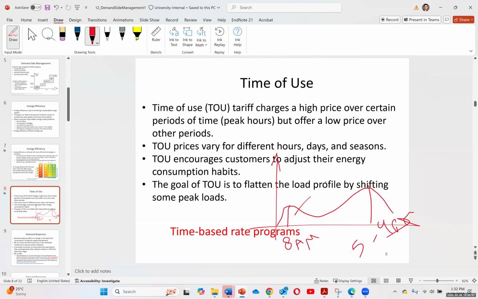During the morning when people wake up, you have a sudden peak as everyone wakes up. They want to turn on their coffee maker, their toaster, and then when everyone goes to work and school, it dips down, and then early at night, it's going to peak again because everyone's back.